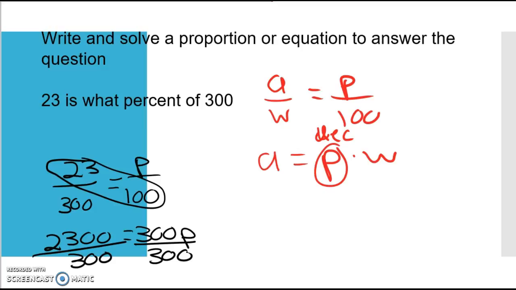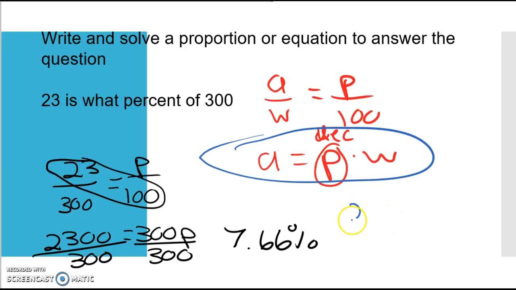And so then you'll have to actually figure out what 23 divided by 300 is, but I have a handy dandy calculator here. So I get 7.66%.